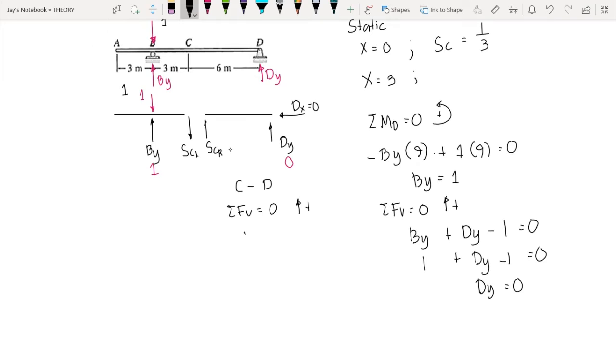So we have SCR plus dy is equal to 0. Since we have a 0 dy, therefore our SCR here is equal to 0. So this would be the value of the shear at C. Therefore, SC, or the shear at C, is equal to 0 when x is equal to 3.